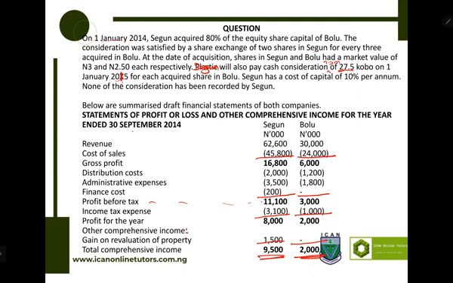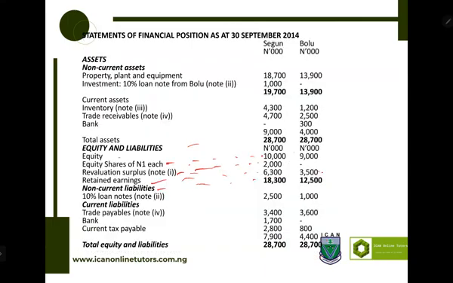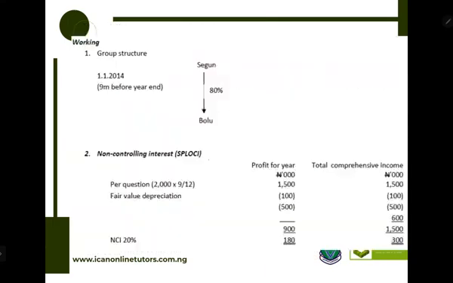When you are working with your subsidiaries, you first of all have to calculate the retained earnings for the profit for the year and that of the total comprehensive income. Please go through our previous slide. You will have it there. That's why I have non-controlling interest. As per the question, remember that we are working with 9 months.